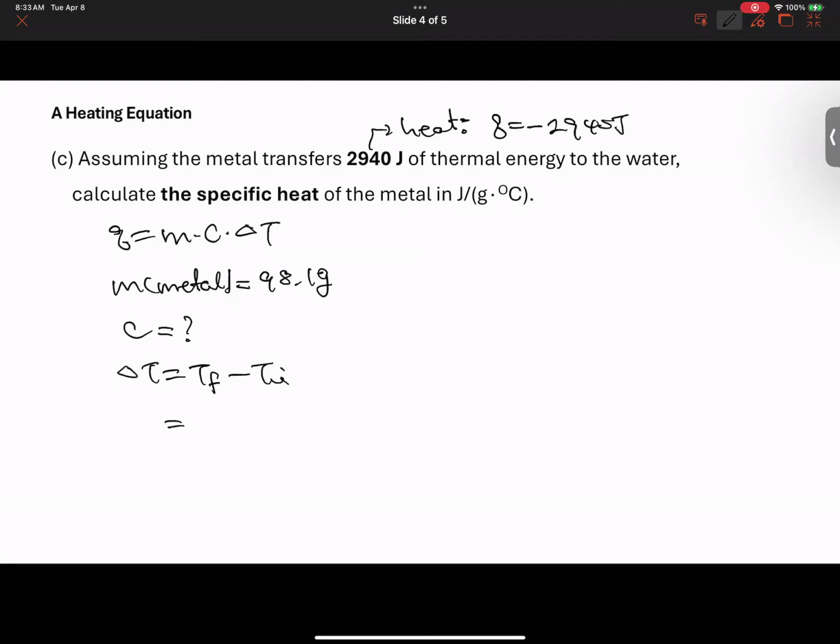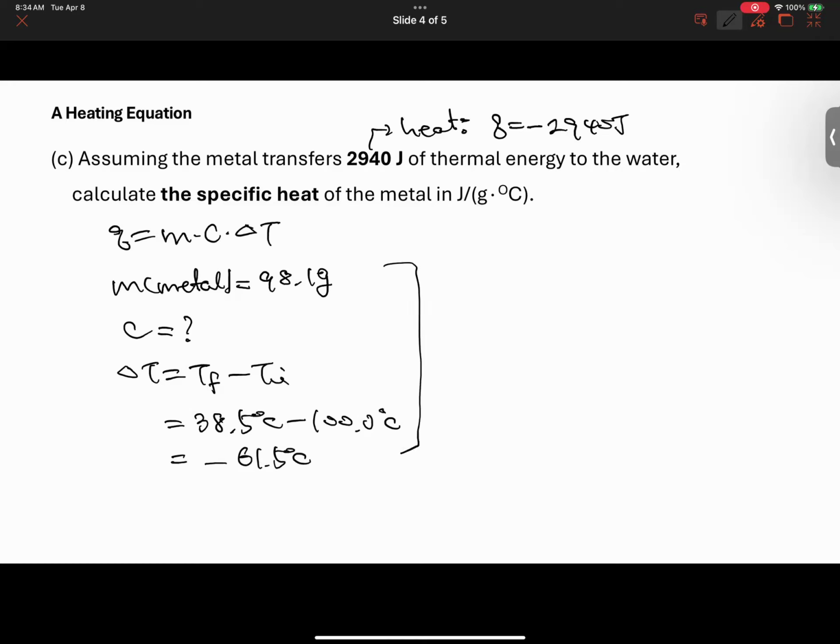So the temperature of the metal and the temperature of the water at that time are equal. So the final temperature is the same as the water temperature, 38.5 degrees C, and initially the temperature given is 100 degrees C. Let's do this calculation. It is negative 61.5 degrees C. Now we are ready.